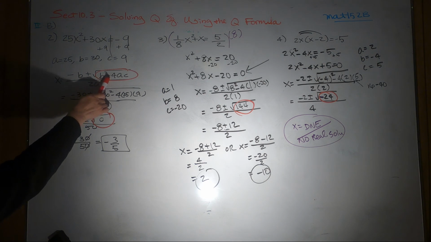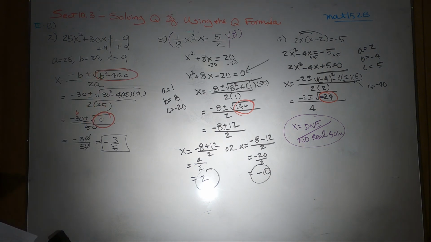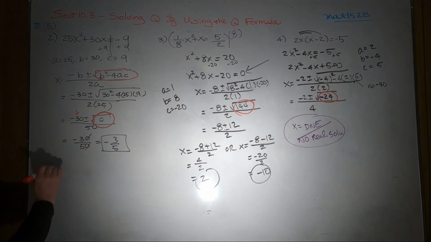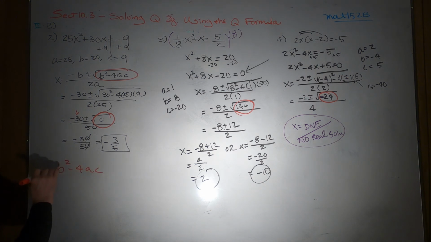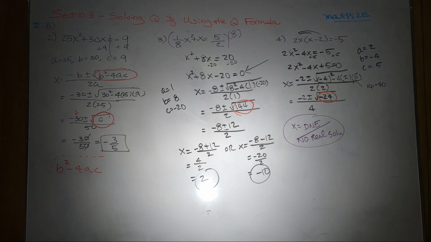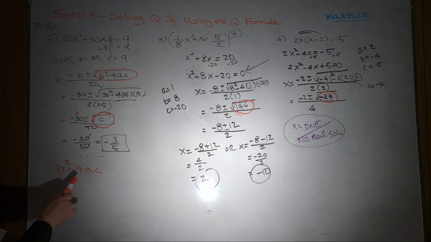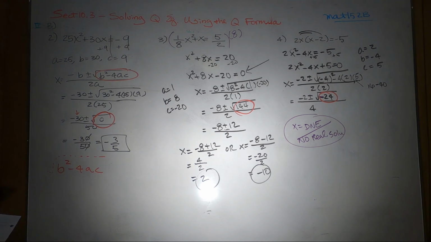So this guy inside decides, so look at your page 53. This guy, b squared minus 4ac, inside the radical, will decide. So we'll give it a name.